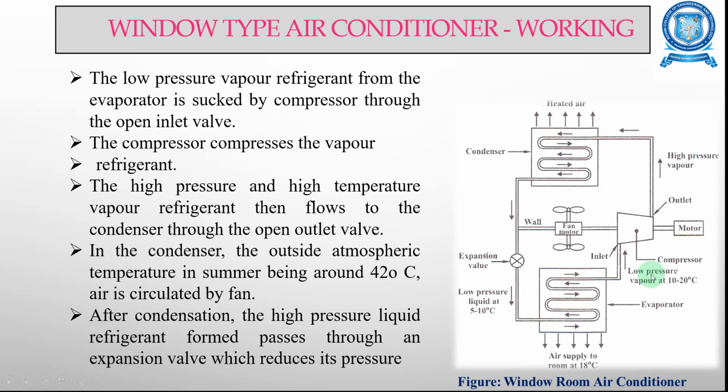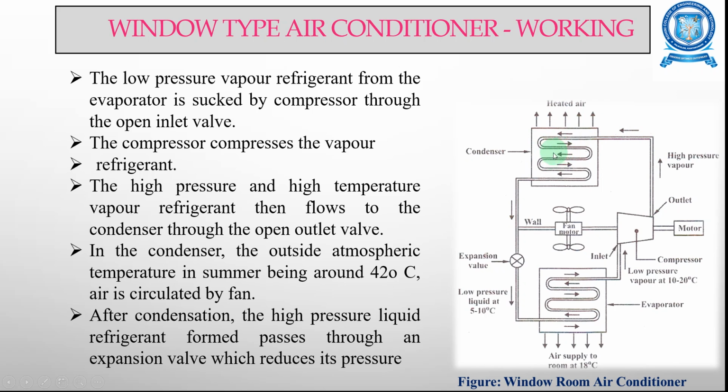The low pressure vapor refrigerant which comes out from this evaporator is sucked by the compressor through the open inlet valve. The compressor compresses the vapor refrigerant. So what happens? Pressure as well as temperature of the vapor refrigerant increases, and this flows to the condenser unit through the open outlet valve.